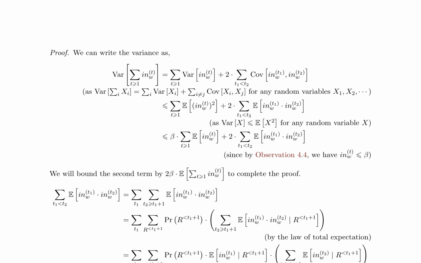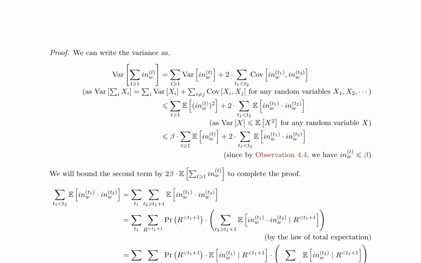This result is used to bound the variance of the total value assigned to W, which is shown to be at most 3 beta E[x_T ≥ 1 in_{t,w}].